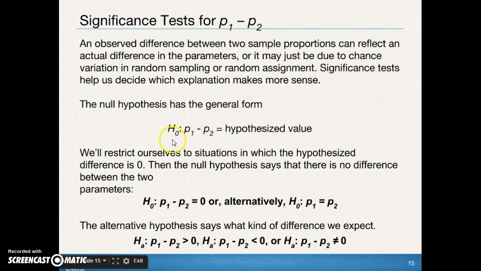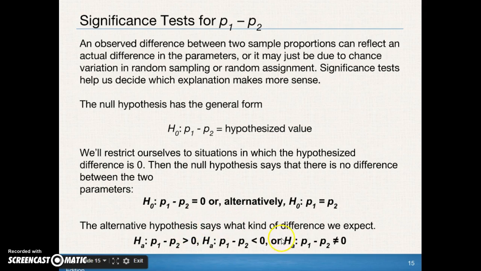And so your null is p1 minus p2, and typically they start off with this equaling 0. The reason that they have it equal 0, notice what they say, we're restricting ourselves to 0, is we want to first just talk about that there's no difference between your two groups. You could also write that as the two groups equal each other, but it's nice to have a number because we're going to do our calculations and we need numbers.